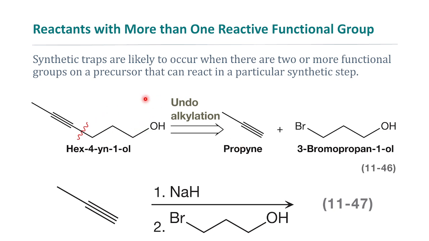So again, these are very likely to occur when there are 2 or more functional groups on a precursor that can react in a particular synthetic step. This is probably your biggest problem, actually. If I had to list the thing that causes the most frustration, and we haven't talked about protecting groups yet, which is part of what would cause the issue here, is that many of the functional groups, as you may have noticed, have very similar reaction conditions.